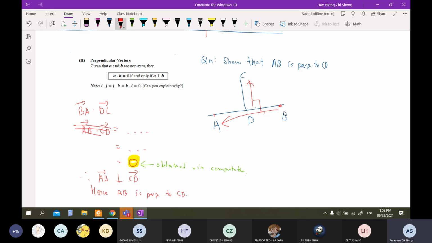As long as one vector involves points A and B, the other vector involves points C and D, then you just dot them together and hope to get a numerical value of 0. Then you can happily conclude that the two vectors are perpendicular. And then of course, if you use vectors BA and DC here, then over here you have to state BA is perpendicular to DC to be consistent.